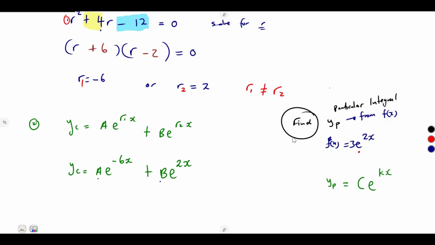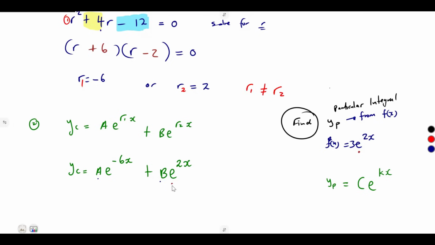is it having anything from what we obtained on our auxiliary, from those auxiliary values that we had? Remember, here we formulated our complementary part. So the question is, from that, are we having anything common from our complementary function?